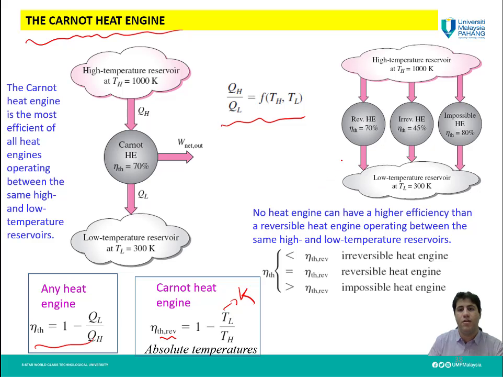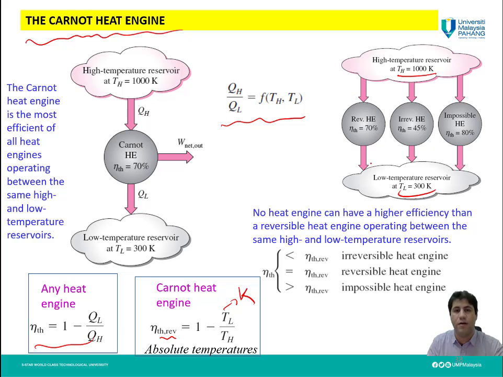So for example, we have three different heat engines here. They are working between two reservoirs with the same temperature. If you notice, the heat source and sink for all of the heat engines are the same in their temperature.